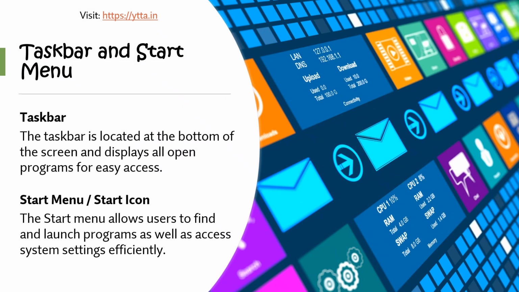From the desktop screen, you will access the taskbar and Start menu. The taskbar is at the bottom of the screen and shows open programs. The Start menu helps you find and open different programs and settings on your computer. Let me show you in practical.